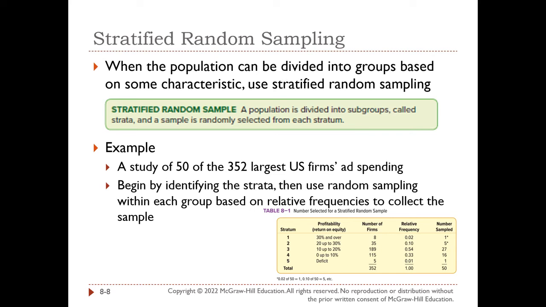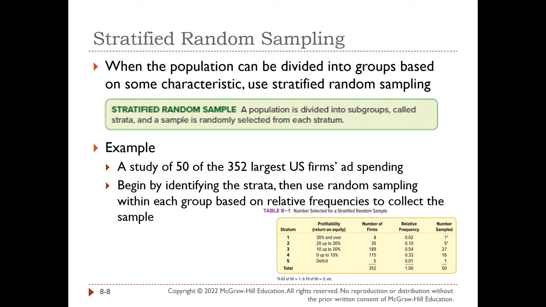A lot of times, based on probability, 0.02 times 50, one firm should be randomly selected from stratum 1.